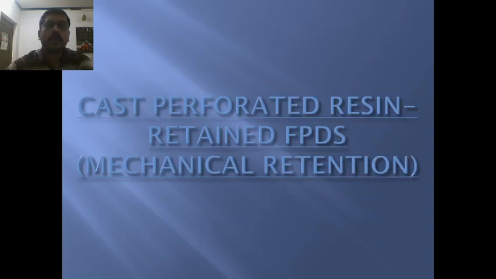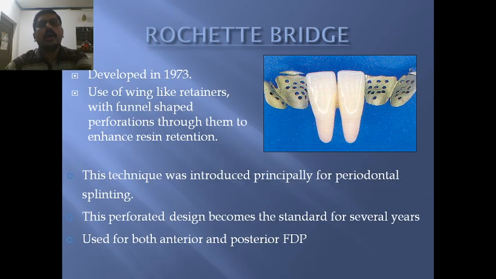So we will move on to the mechanical retention. As the name says, the retention is purely mechanical. It is also called cast perforated resin retained FPDs. The example is Rochette bridge. You can see the Rochette bridge here.